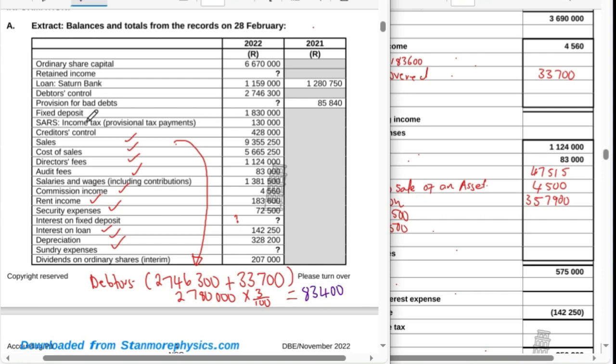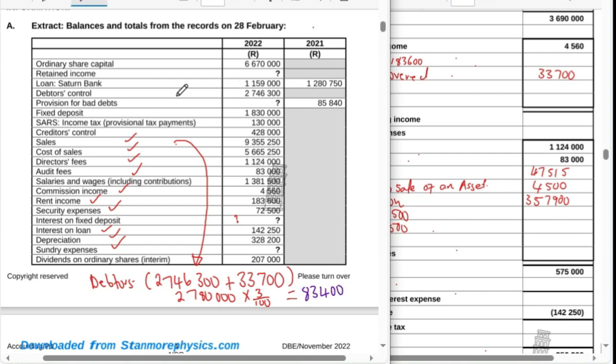And then from our extract, our provision for bad debts from our previous year, from the beginning of the year, is how much? 85,840. But it must be adjusted there.